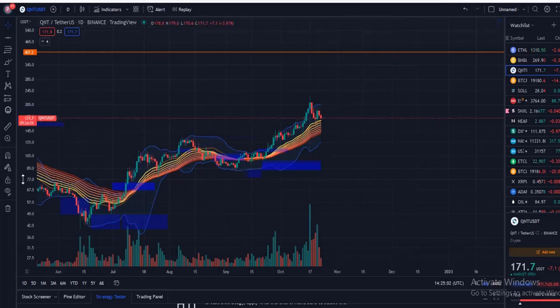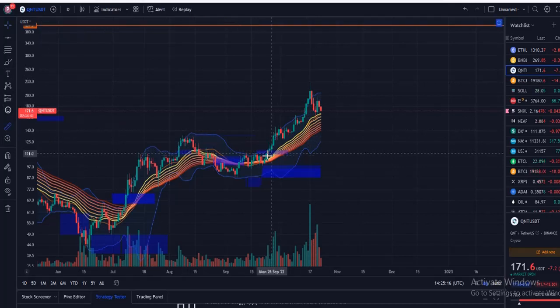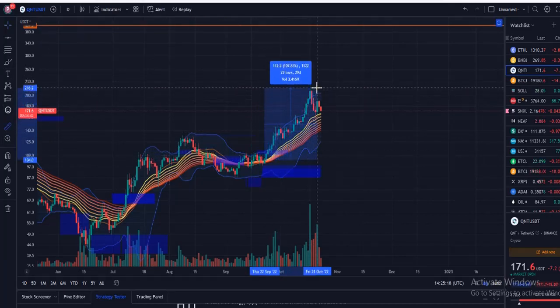As we can see, our EMA rebounds, quite confirming the fact also that we are very bullish, especially on the daily. As we can see, our EMA rebounds flipped bullish on the daily, and since then Quant has increased a little over 100%.